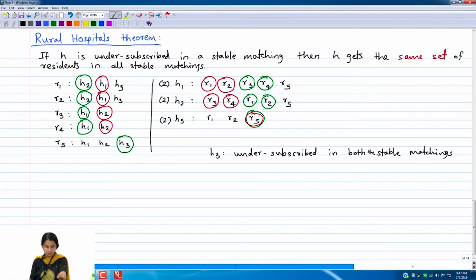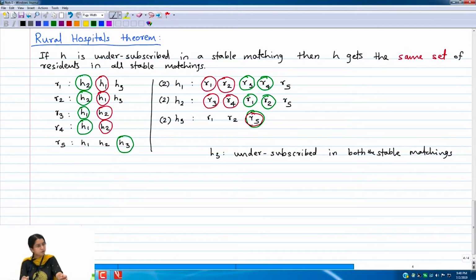I have not proved the theorem yet, but this is an illustration of the theorem that this undersubscribed hospital always gets the same resident. So you will not find any stable matching where H3 can get something different from R5.